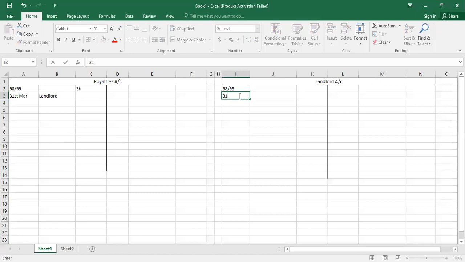So on 31st March we should be crediting the landlord's account. What are you getting? 200 multiplied by 2,500, 500,000. On 31st March we are crediting the landlord's account with 500,000.